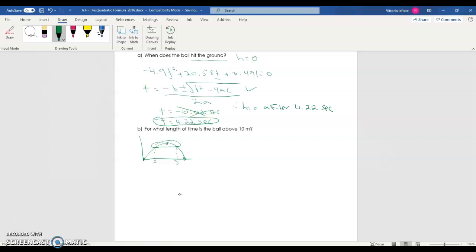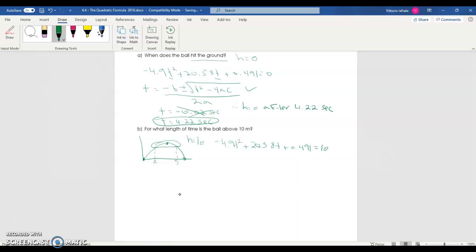So how do we solve this? Well, we know that we want h equal to 10. And so we're going to set up our equation that way. We're going to write negative 4.9 t squared plus 20.58 t plus 0.491 is equal to 10.